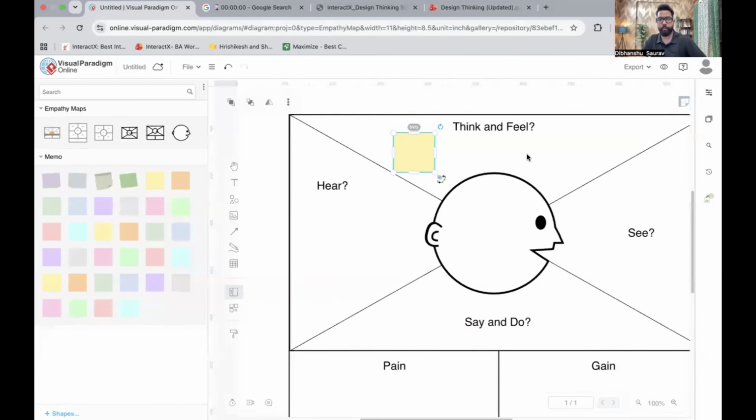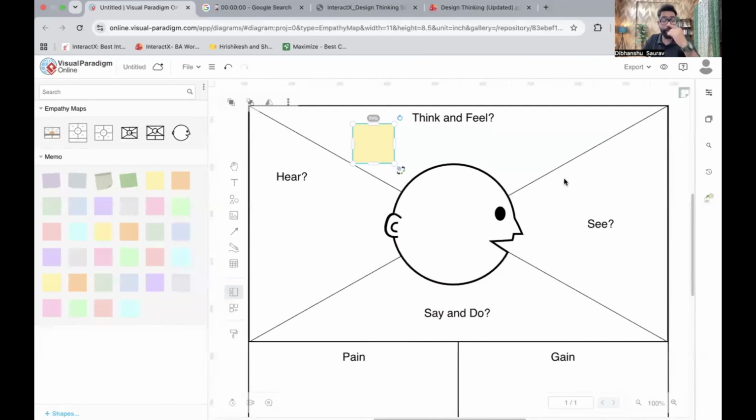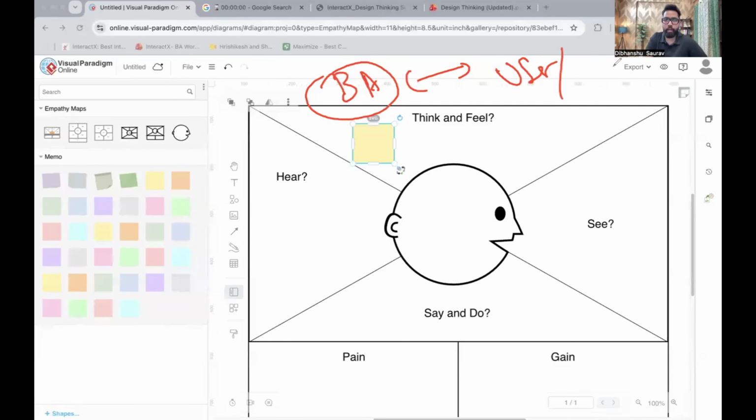doing the empathy mapping. Now, what you're doing is reaching out to the customers and trying to understand their experience. Important, team: when I say you are trying to understand the experience, you as a BA are putting yourself in the shoes of that given user, or rather, customer. Now, what are those metrics that you are trying to capture?